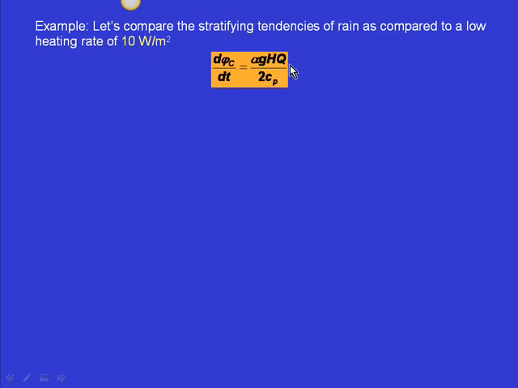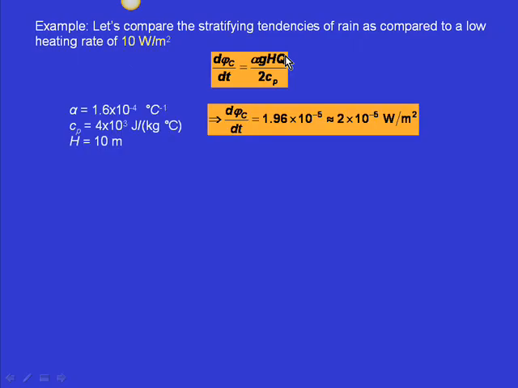So if we put 10 watts per square meter there, using alpha equals 1.6 times 10 to the minus 4, the heat capacity of seawater 4 times 10 to the third, and a water column depth of 10 meters, then the stratifying power from that heating rate equals 1.96 times 10 to the minus 5, or approximately 2 times 10 to the minus 5 watts per square meter.